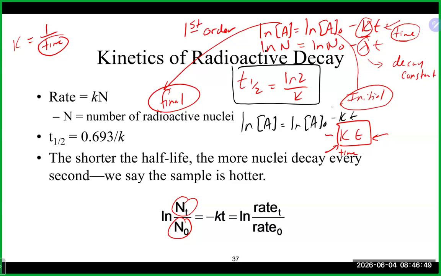And that is usually because you will use the half-life equation to figure out the decay constant so that you can then use the integrated rate law to figure out what you're actually trying to calculate. So it's very common that both of those are used in tandem a lot in this situation.